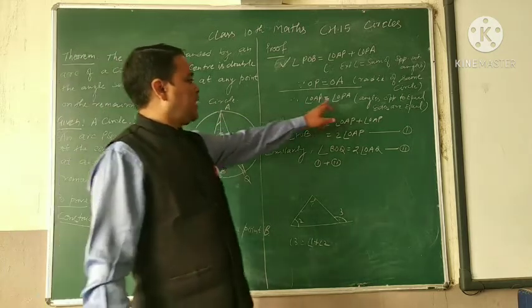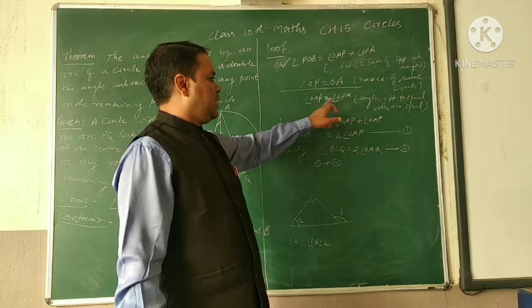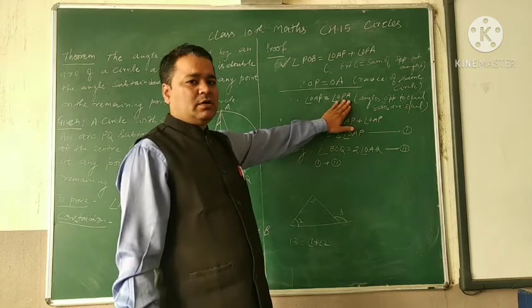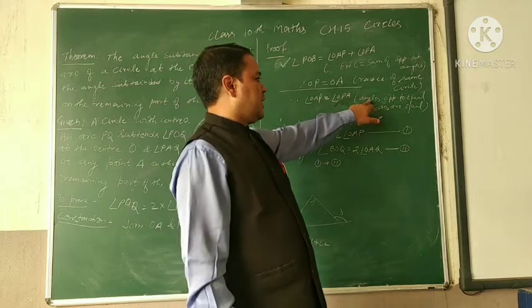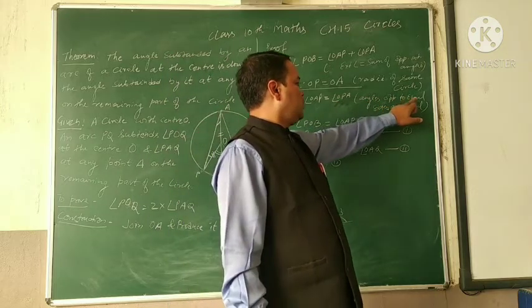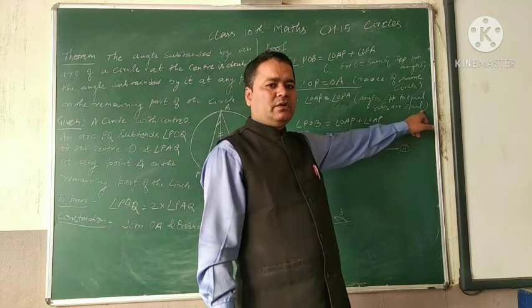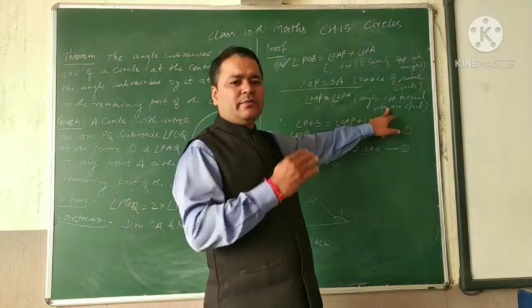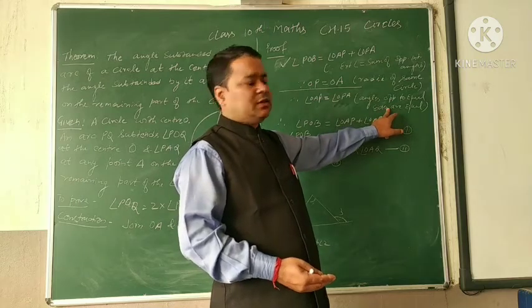Therefore, both angle OAP and angle OPA will be equal. And what is the reason? The reason is that angles opposite to equal sides are equal. Okay? The theorems related to this concept we already proved in class 7th and 8th.